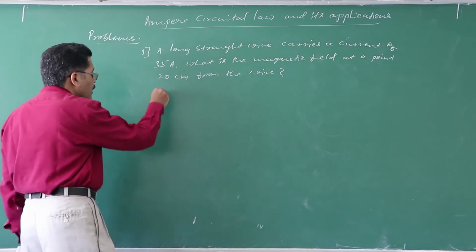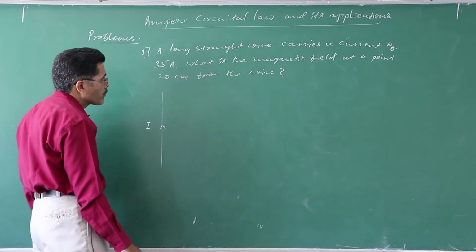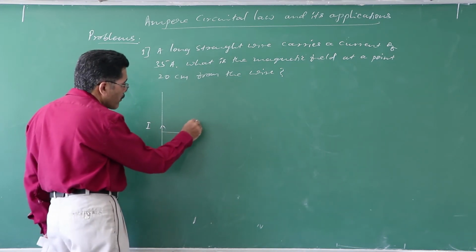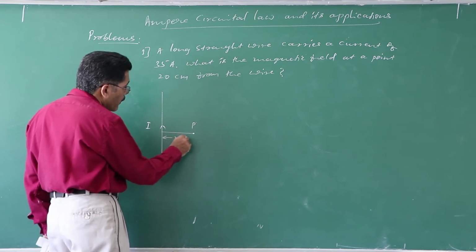Here is a long straight wire carrying a current, and you want to determine the magnetic field at this point, at a distance of 20 centimeter.